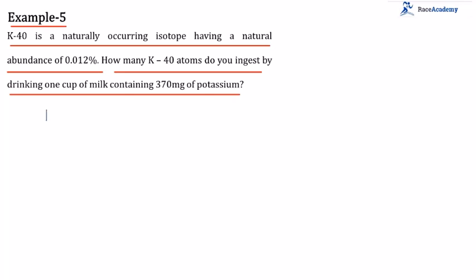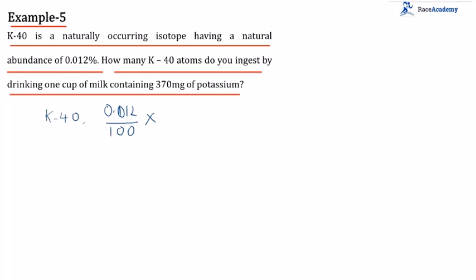So the potassium 40 percentage of abundance given, that is 0.012 percentage means divided by 100, into the 370 milligrams given.